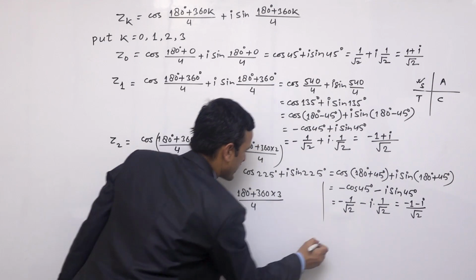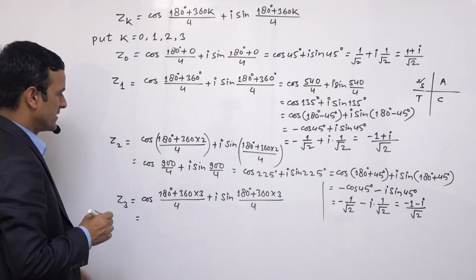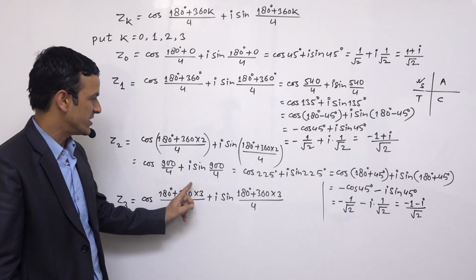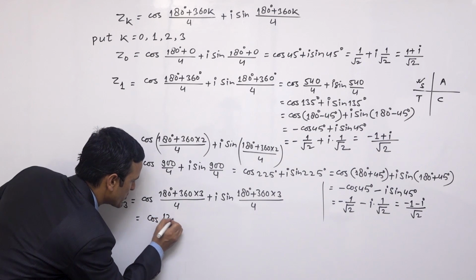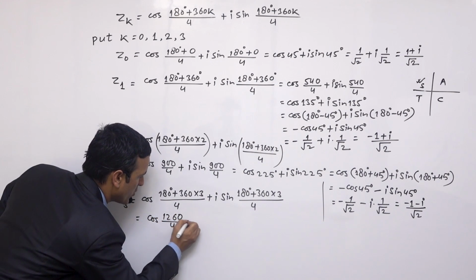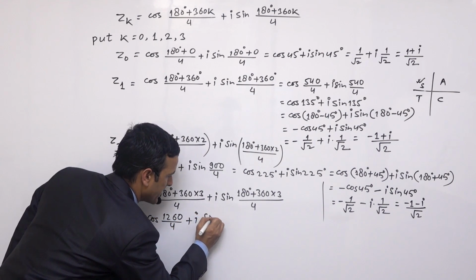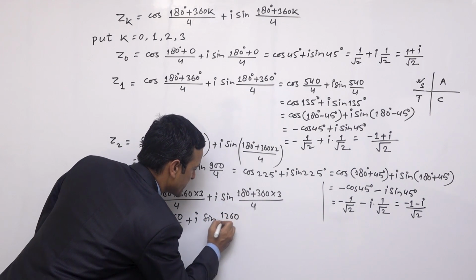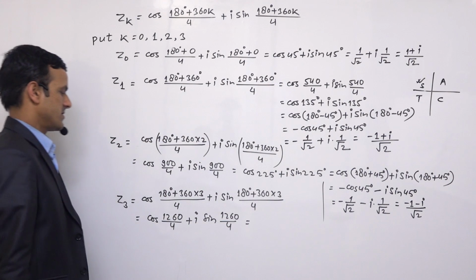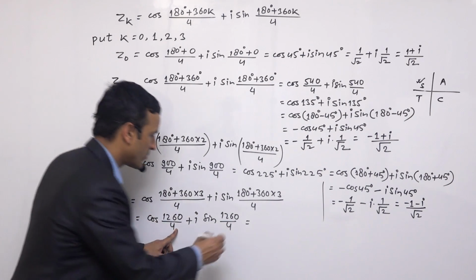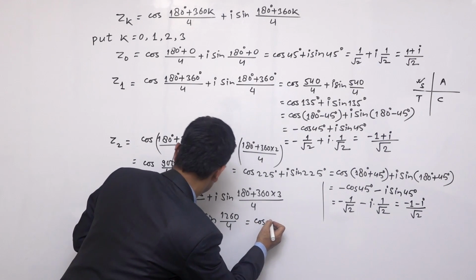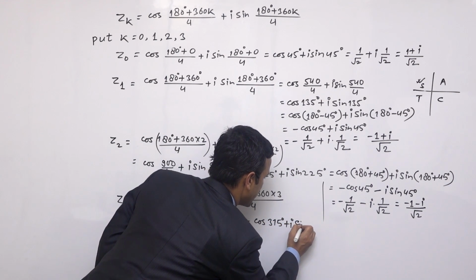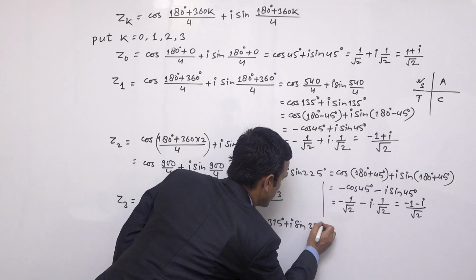In this way we can solve it. Now 180 plus 360 into 3 means it is 1260 divided by 4, for both cos and sin. And if we divide this by 4, then we get cos 315 plus i sin 315 degree.